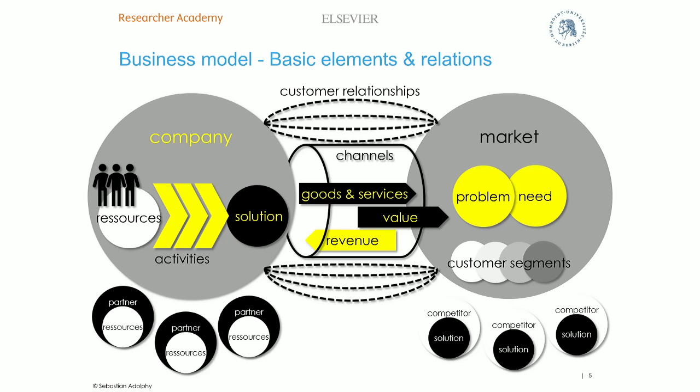And on the other side, you have in the marketplace, or in different marketplaces, competitors of the company who are providing competitive solutions to the solution of the company. If you take into account all these different elements, you have a basic understanding of the business model of a specific product and a specific company.